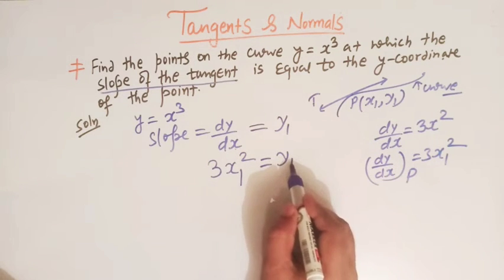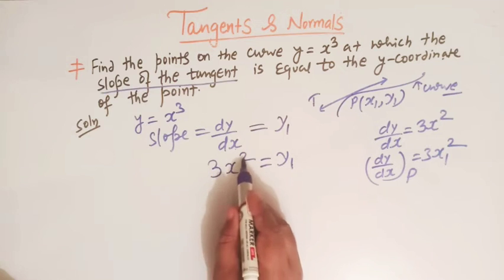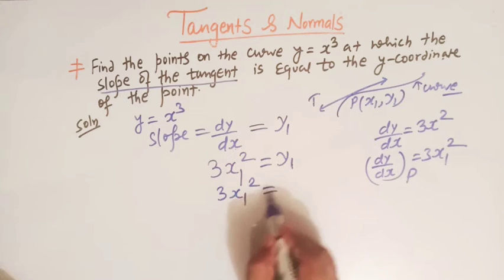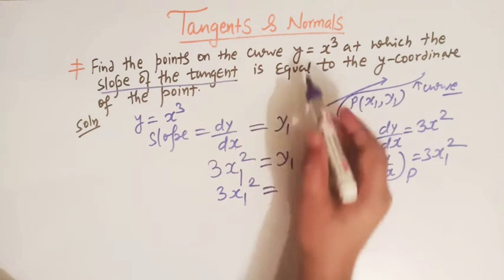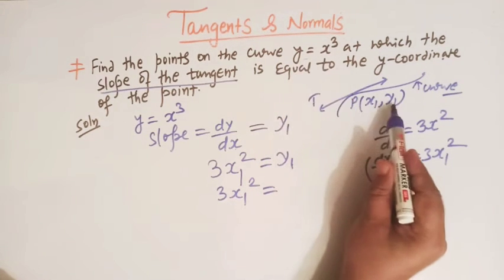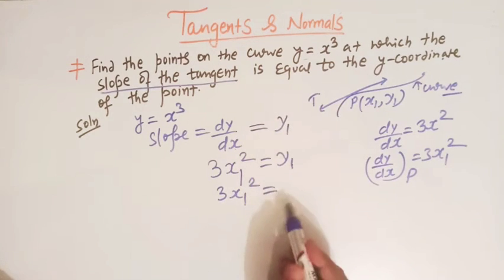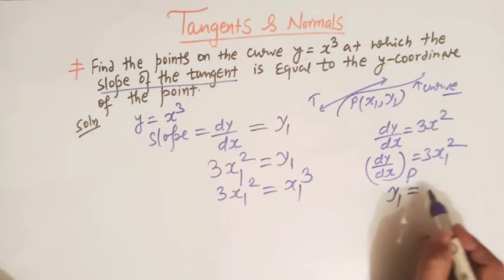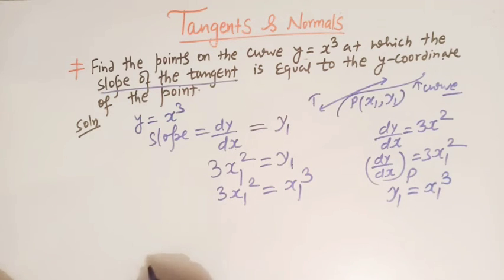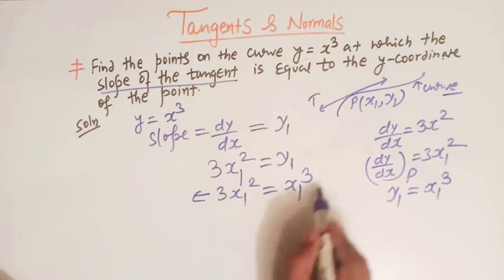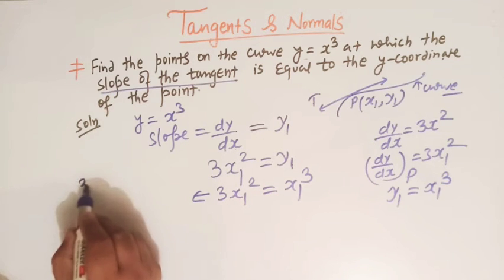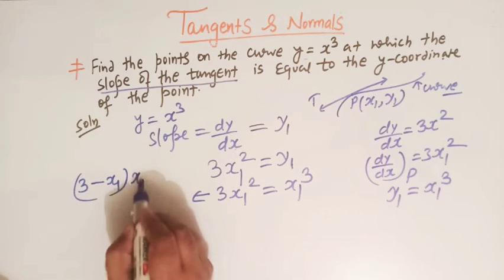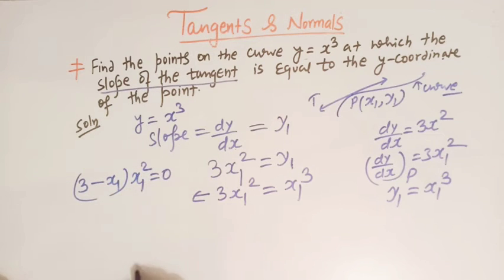Now y1 equals x1 cube, so if we substitute x1, y1, we have 3x1 square equal to x1 cube. Now if we solve this equation, we have (3 minus x1) times x1 square is equal to 0.